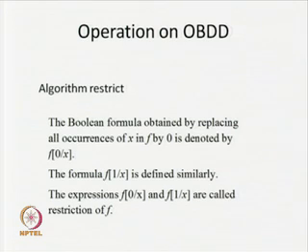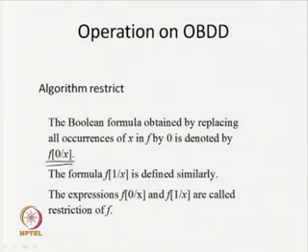Now, we have seen the apply algorithm, and we are going to look at another issue. We said that a Boolean formula obtained by replacing all occurrences of x in f by 0 is denoted by f with x replaced by 0.